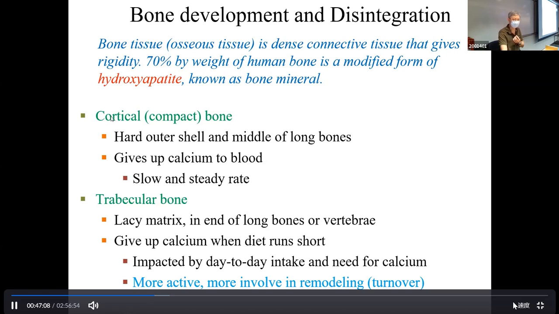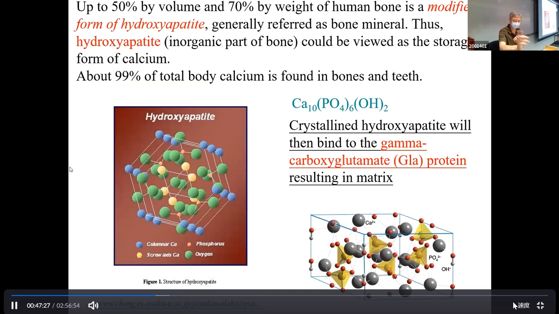In general, we talk about two types of bone: cortical bone and trabecular bone. One is the outer shell, and the other is more on the inside, which is shown in the next diagram.